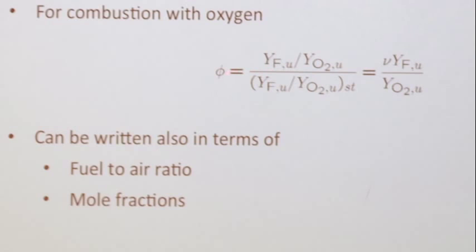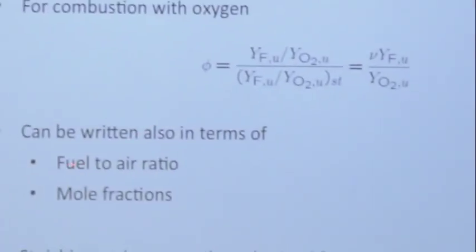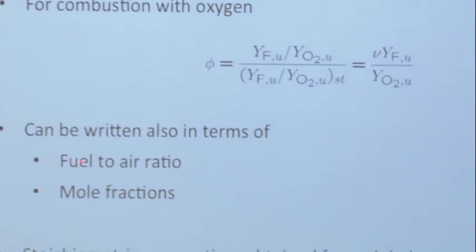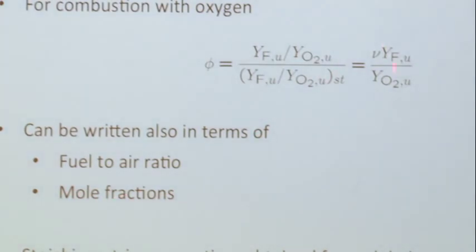And you see that here in the denominator, you have the stoichiometric mass ratio, which is nu, so you can just write it like this. The reason why I'm saying it's a very smart way of defining a quantity like this is because it is always normalized with the stoichiometric ratio, so you can write it in many different forms. It can be written in terms of fuel to air ratio. But it can be written also in terms of mole fractions.